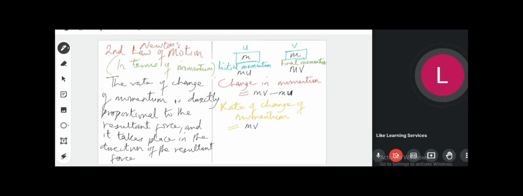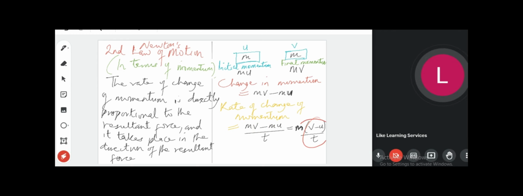So it is mv minus mu divided by time, or, factorizing out m, m times v minus u over t.